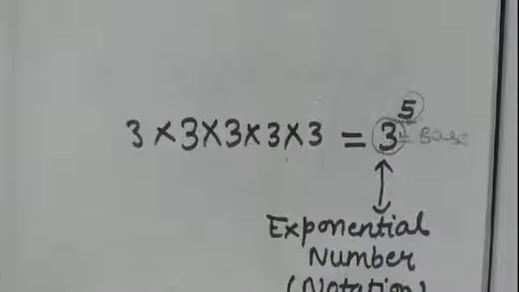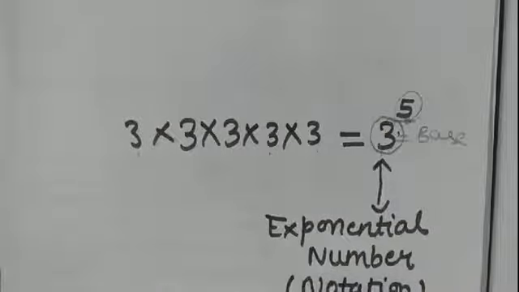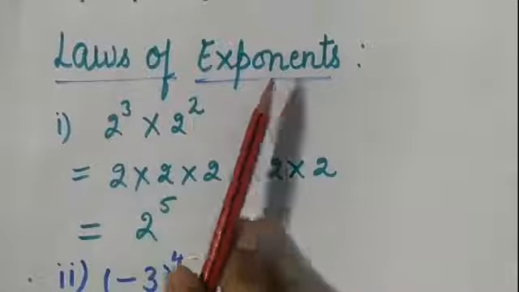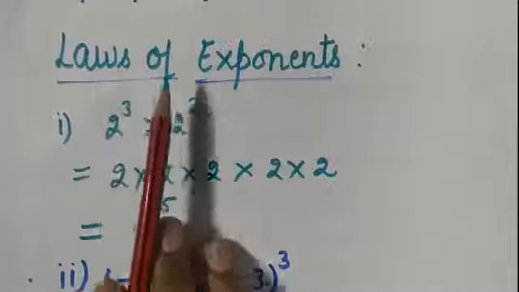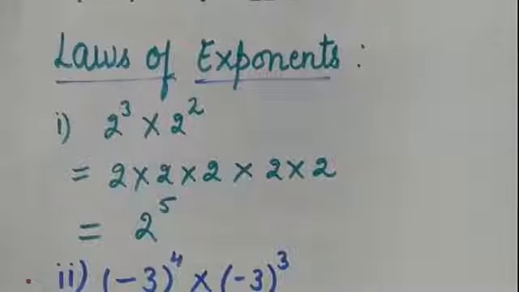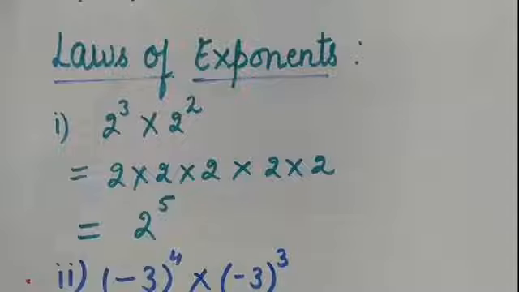Now let us start with the laws of exponents. Laws of exponents are the rules which we can apply on exponential numbers. Let us understand the first law with the help of an example.